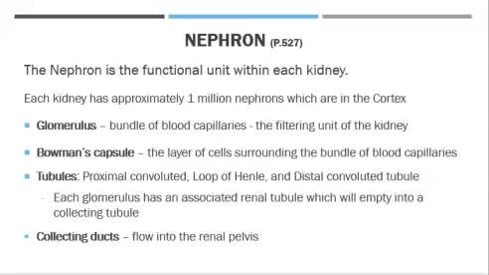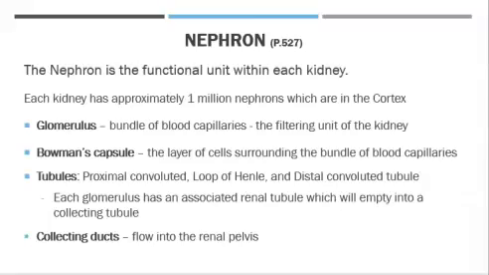Well, this is where the actual filtration of the blood happens. It happens in these small little capillaries at a microscopic level that make up the glomerulus. Next is the Bowman's capsule, a thin layer of cells that surround the bundle of capillaries that make up the glomerulus.